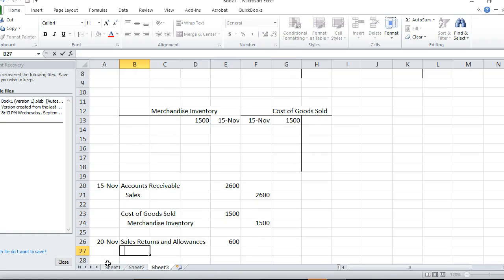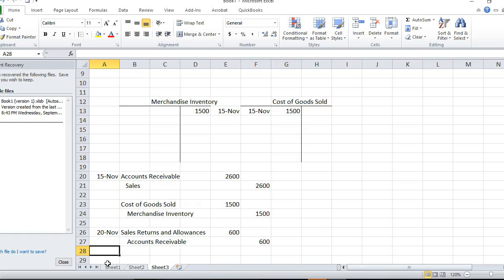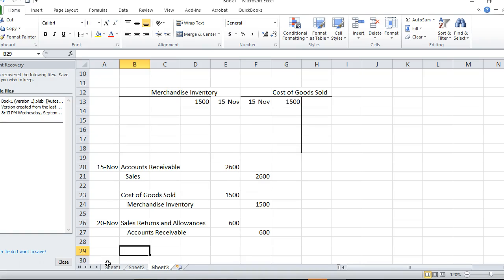And our accounts receivable goes down $600, doesn't it? Because they're not going to owe us. They gave it back to us. Likewise, on this same date, we also need to show that our inventory has gone back up, hasn't it?